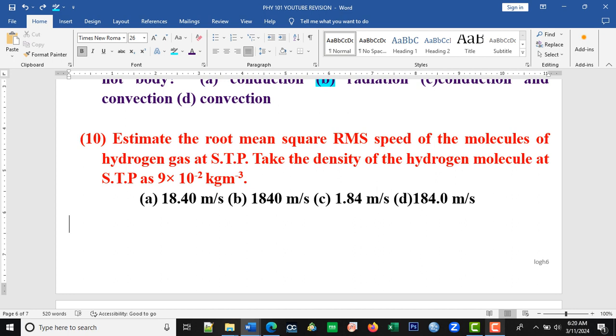There's a negative sign here, minus 3. I take it again. Estimate the root mean square speed of the molecules of hydrogen gas at STP. Take the density of hydrogen at STP as 9 times 10 to the power minus 2 kilograms per meters cube.